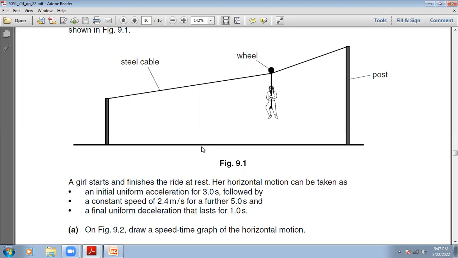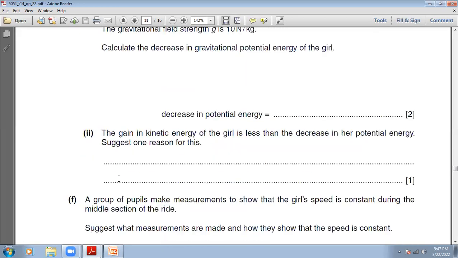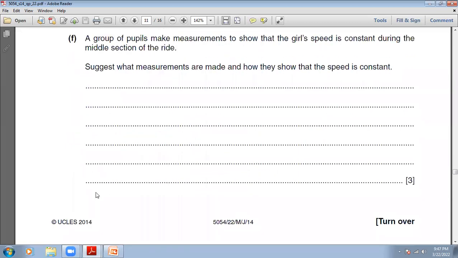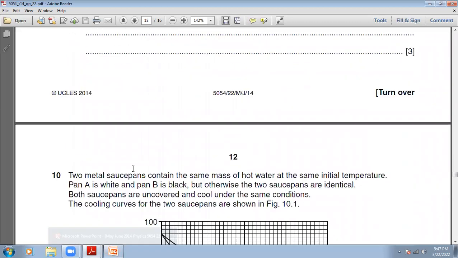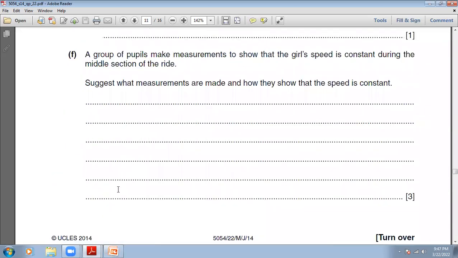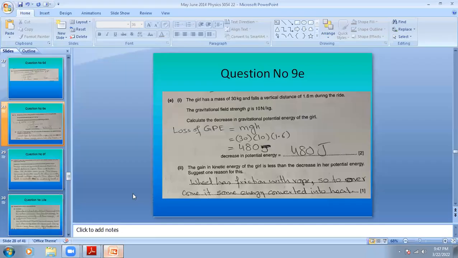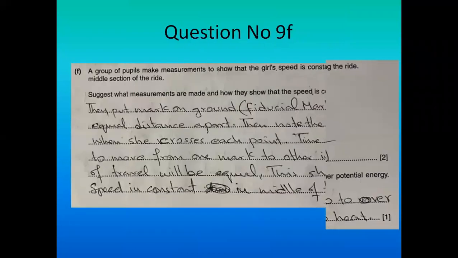So that will show that she has covered equal distance in equal intervals of time. So the speed is constant during the middle section of this drop down. Okay, it's a 3 marks question. It's a tricky thing, and it's the last part of that question. Okay, so let me show you.